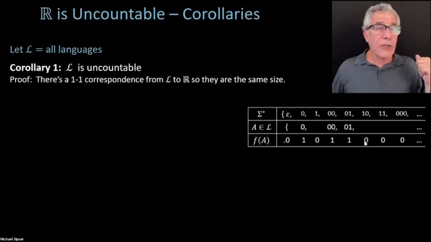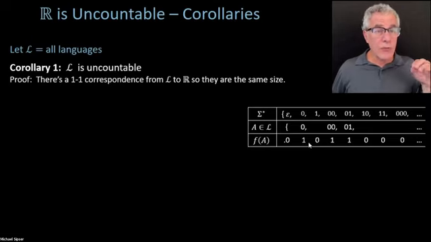And I'm going to associate to A some real number in binary by putting in a 0 in the binary representation for that string if it's not there, and a 1 if it is there.